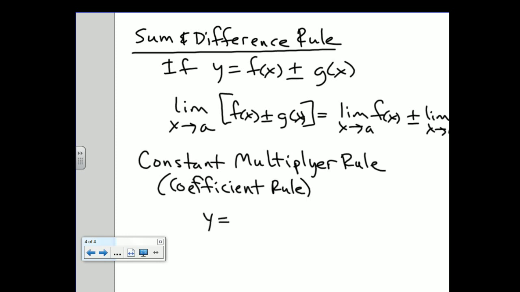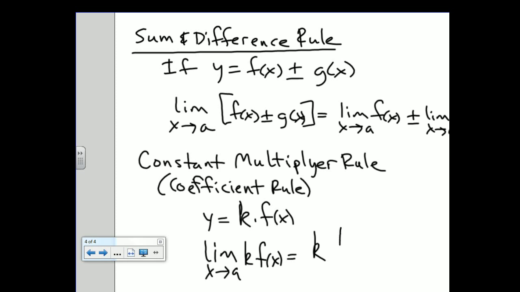And it says if y equals a function that has a constant multiplied in front of it, and we'll call that constant k, then the limit as x approaches a of that constant times f of x equals that constant brought out in front of the limit. Okay? Now those are the rules. So we have the constant rule, the replacement rule, the sum and difference rule, and the coefficient or constant multiplier rule.